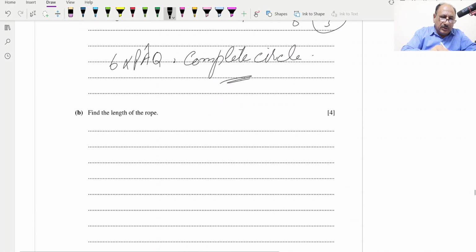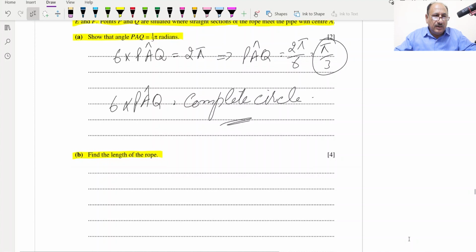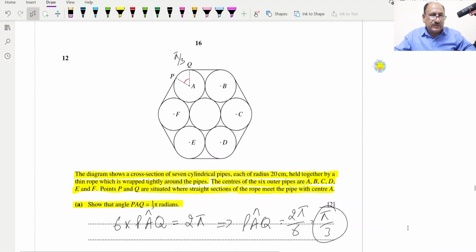Now B part is saying find the length of the rope. So length of the rope, how can we find? Length of the rope is made of straight sections, and we can identify the straight sections. A straight section is basically starting from this point to this point, like for example this one and this one.